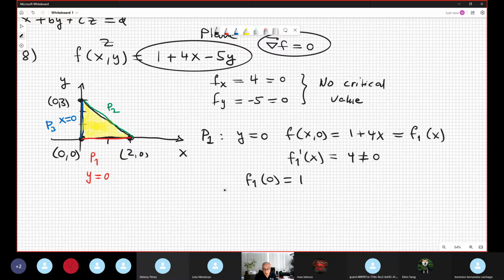You can evaluate in the original, but you can evaluate here also, because in this path y equals 0, so either way. And f evaluated at 2 is 9, because 4 times 2 is 8 plus 1 is 9.